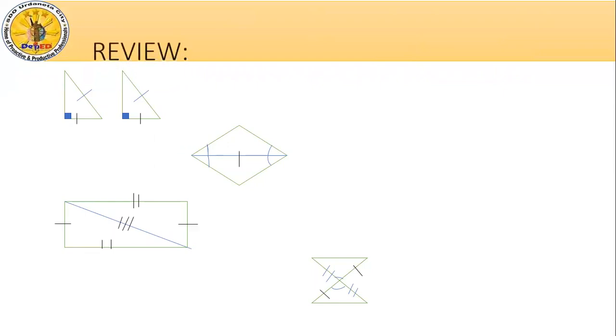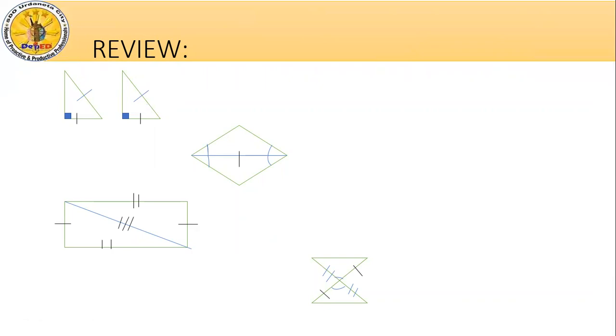So let us have first a review. Can you still recall the different congruence postulates and theorems that you have learned? Let us start with number 1. How can you prove that these two triangles are congruent, using the marks of their corresponding parts?